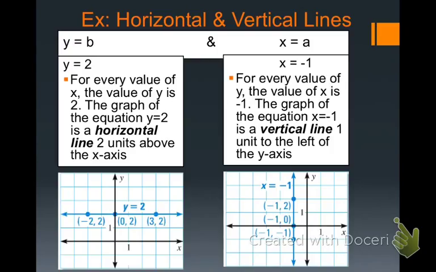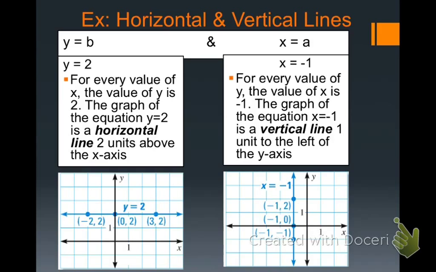So if you see x = -1, you can just draw a vertical line at -1, or you can pick points and connect the dots. So (-1, 2), (-1, 0), (-1, 1), (-1, -1). The point is they all have an x value of -1, which tells us that it's a vertical line.